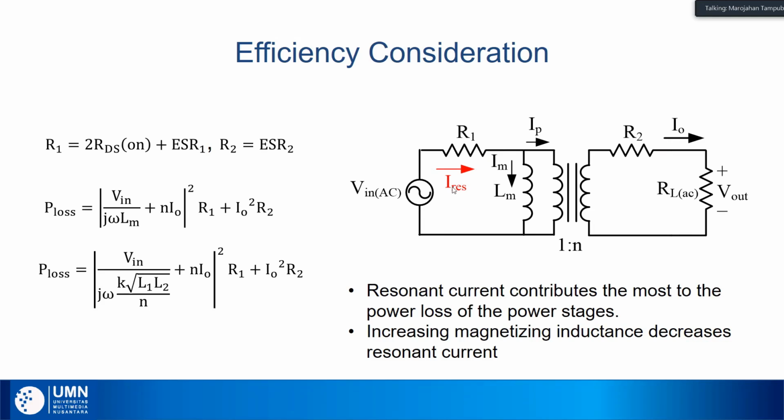So if we have a larger magnetizing inductance, we will have a smaller resonant current. But if we have a smaller magnetizing inductance, we will have a higher resonant current, which contributes to the total loss of the system.